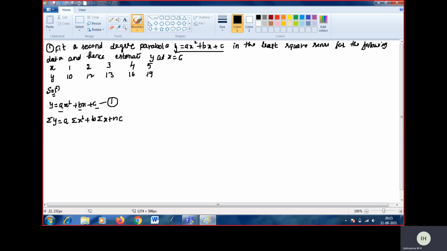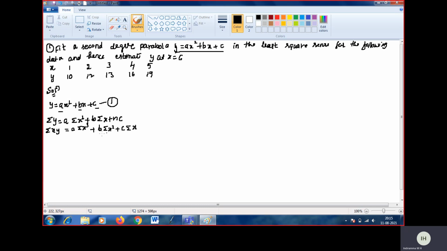Okay. So next step. To write the second normal equation, multiply equation 1 by x. Then take the summation. We will get summation of x into y is equal to a into summation of x cube plus b into summation of x square plus summation of c is, we multiply this with x, so c into summation of x.